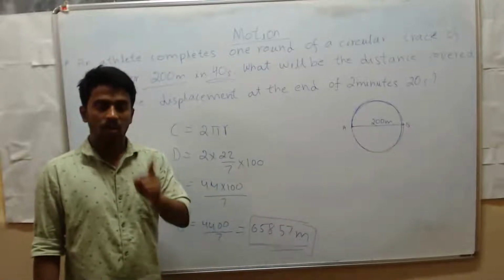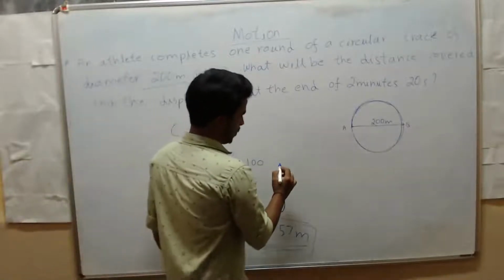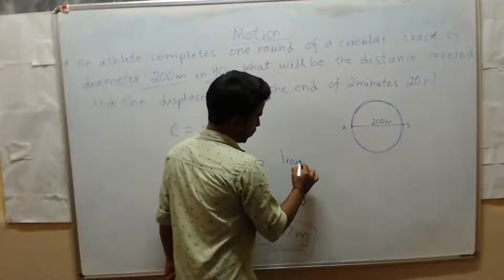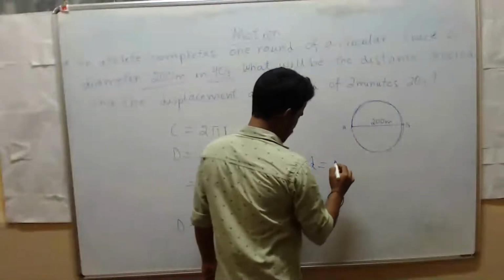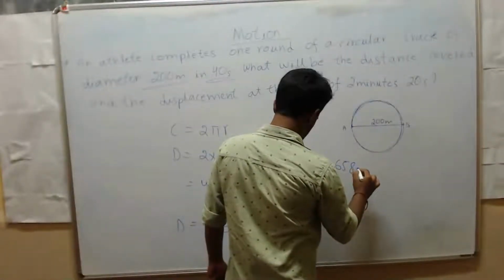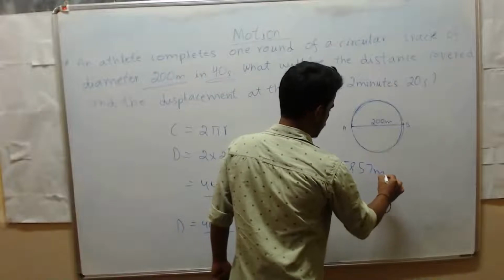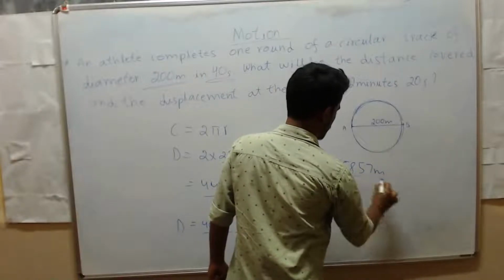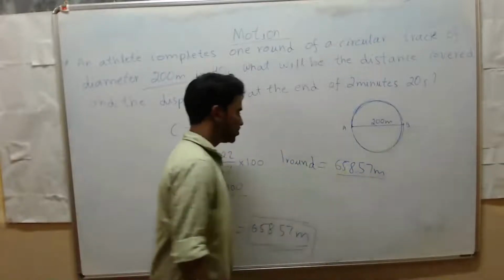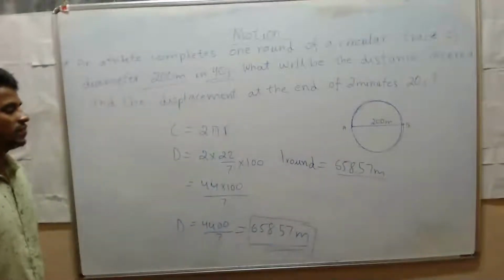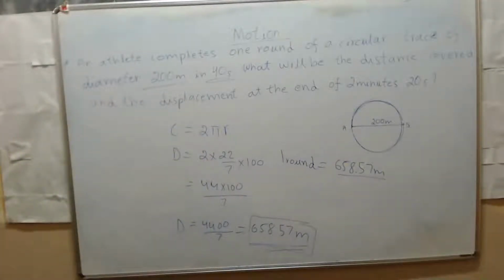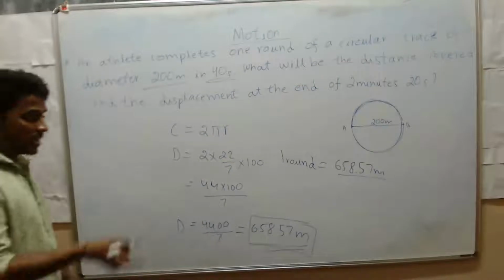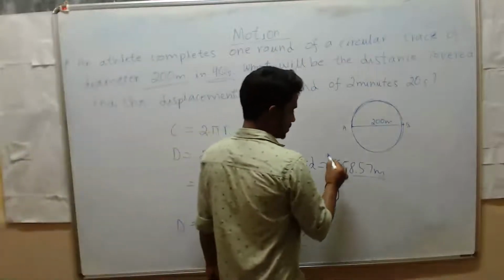So that's why one round is equal to 658.57 meter.